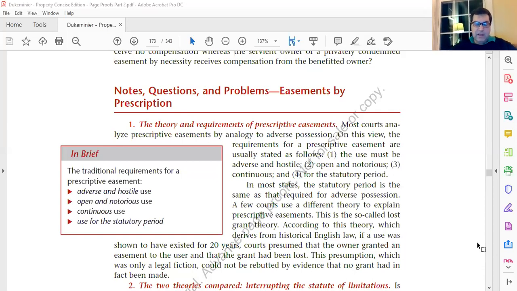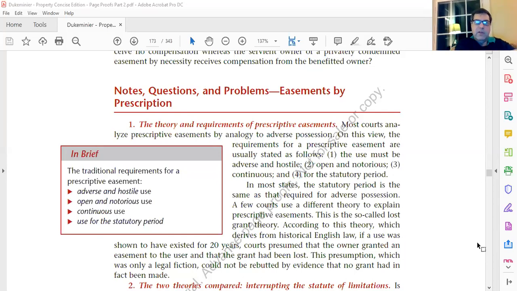It's really analogous in some ways to adverse possession. Adverse possession, we saw how if you use a piece of property long enough, you can acquire title to it. If you are using it in a way that satisfies the requirements for adverse possession, it's adverse to the owner and continuous and open and notorious and all of the requirements that we looked at earlier.